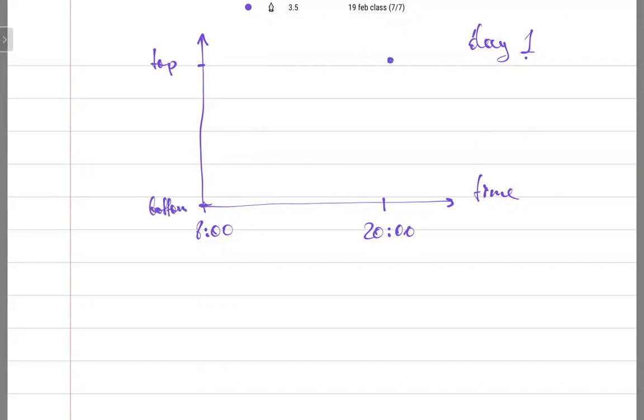And I know that in the morning he started. In the evening he finished on the top of the mountain, and the trajectory is something like that. So this is a period of rest.